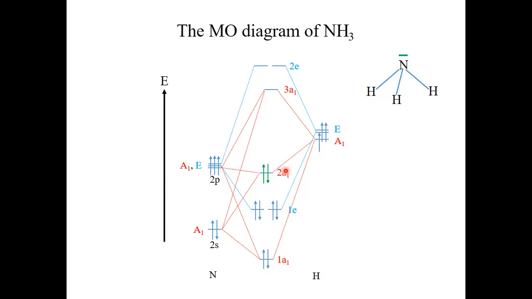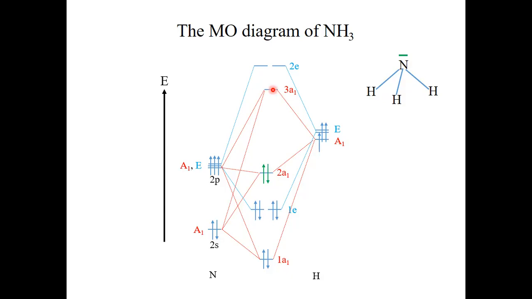And this 2A1 orbital here is the so-called highest occupied molecular orbital. This 3A1 here is the so-called lowest unoccupied molecular orbital. This means that our molecular orbital diagram is now complete.